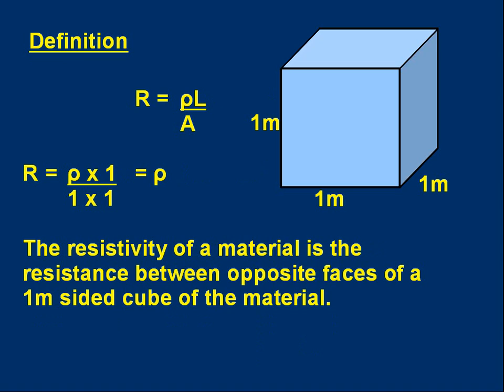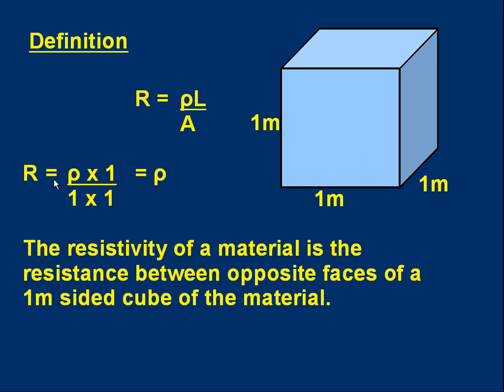Let's see if we can come up with a definition of resistivity. Imagine you had a cube of material 1 meter by 1 meter by 1 meter. Now you wouldn't do this in practice, but it's just a conceptual thing. We know this formula, resistance is rho L over A. Let's put some numbers in for this cube of material. Let's imagine we're measuring the resistance between the top and bottom faces, opposite faces.